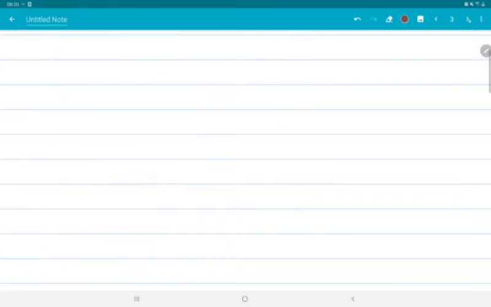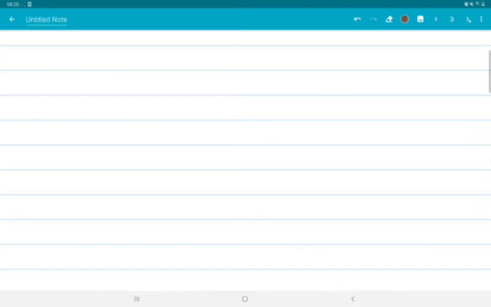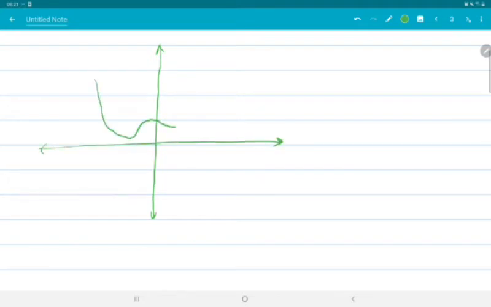So what if my original function is not convex? I draw a function which is not convex. This is kind of a function which is not convex.